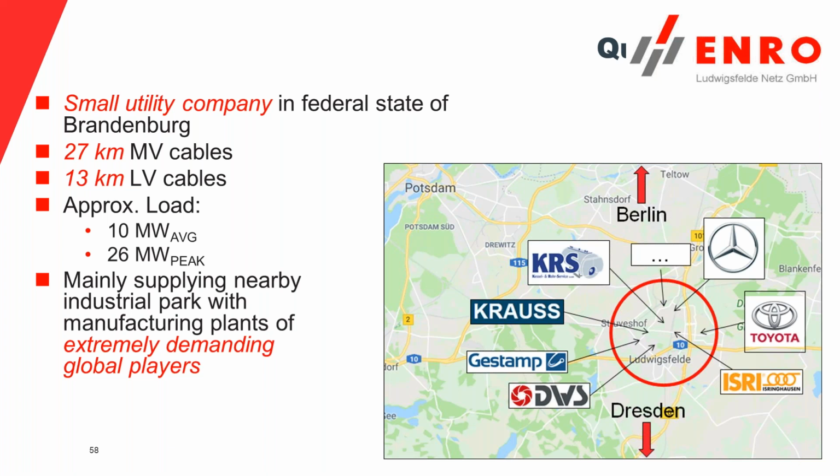So if you have a cable outage in Enro, the red phone is calling you immediately. The red phone is not standing still. So they have a very big interest in keeping the lights on.